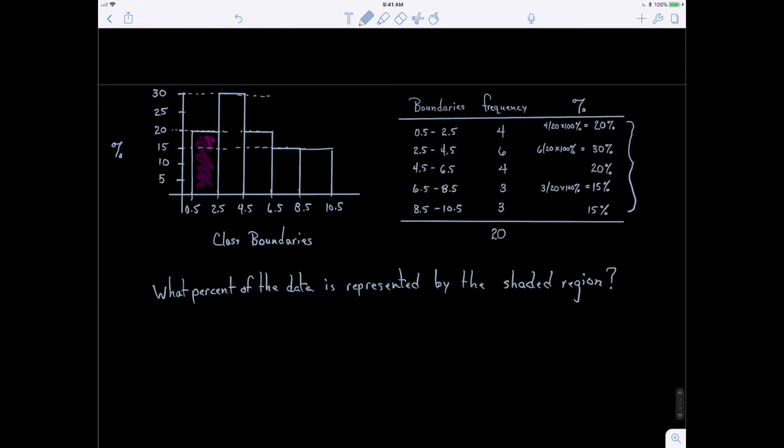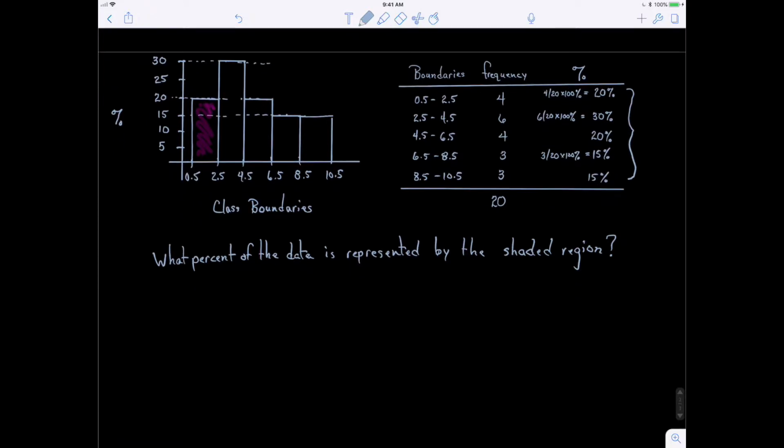Right now I've shaded the very first bar, and we already said that first bar represents 20%. So notice that the class from 0.5 to 2.5 represents 20% of the data. Now, that's the first question.